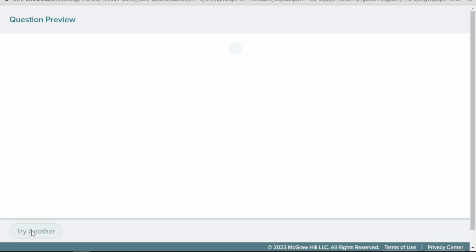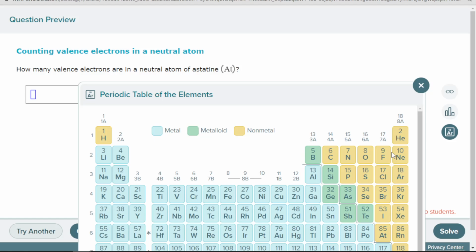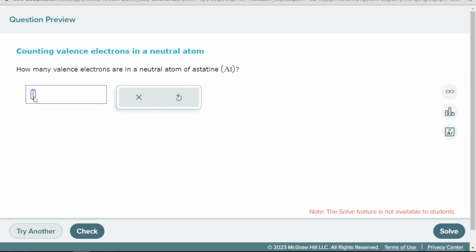Let's look at another one. Astatine. So we need to find astatine on the periodic table. So here's astatine. Look at what group this is. This is 7A. So 7A, that tells us there are 7 valence electrons.